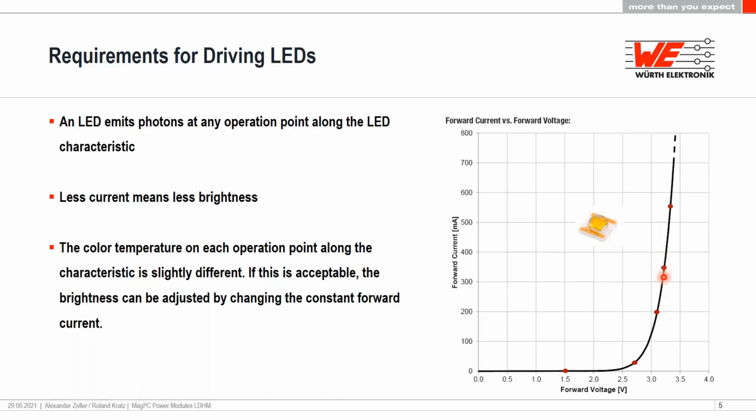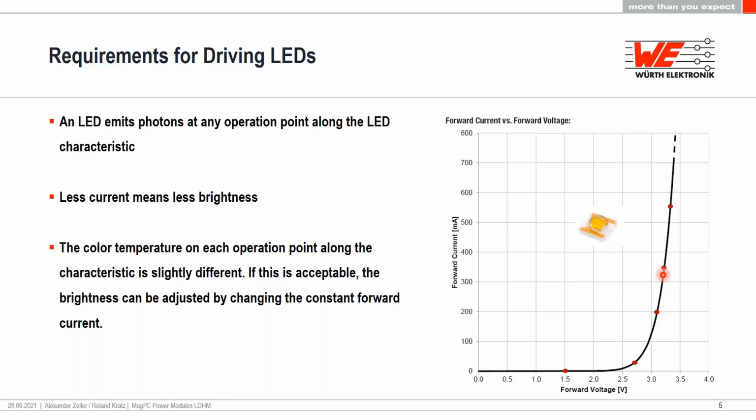This is maybe, let's say, for simplicity, 320 milliamps. Then you cannot use 350 milliamps. You have to go to the current value which gives you the chromaticity coordinates you want to have.